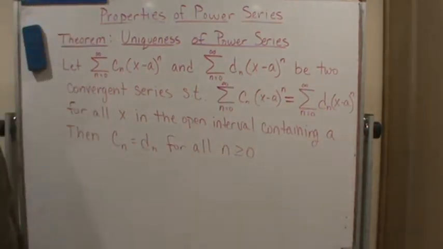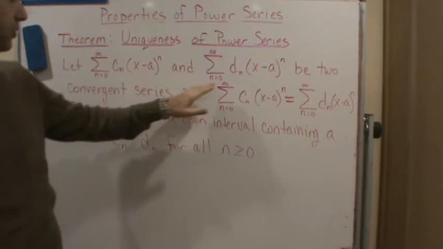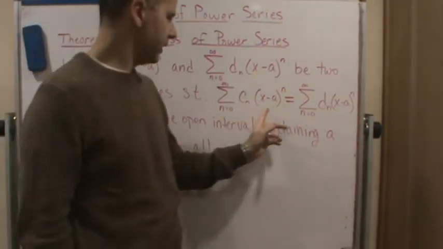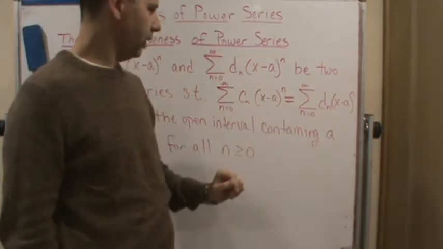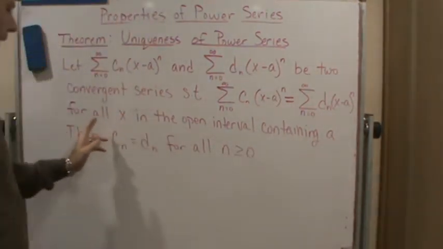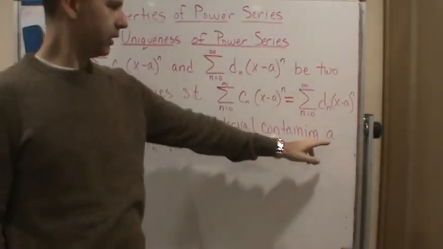And we let these two series be convergent. So we take these two convergent series such that they're equal to each other for all x in the open interval containing a.